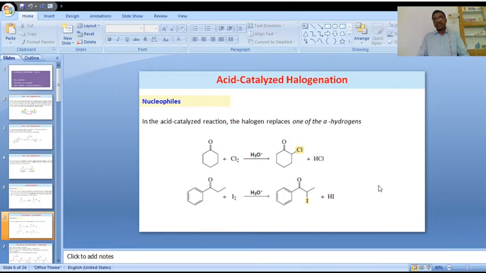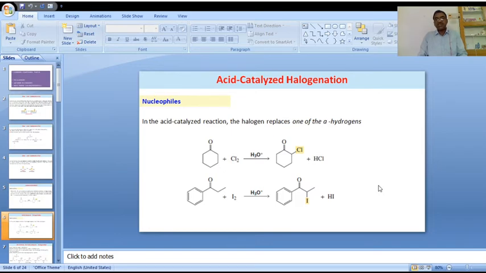Some more acid catalyzed halogenation examples. Here we are going to observe that in the acid catalyzed reaction, the halogen replaces one of the alpha hydrogens.